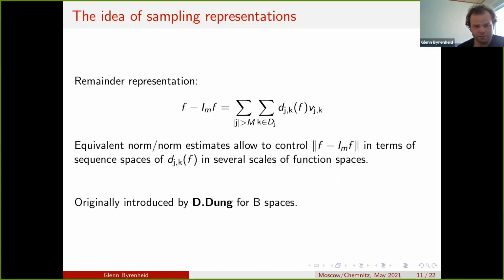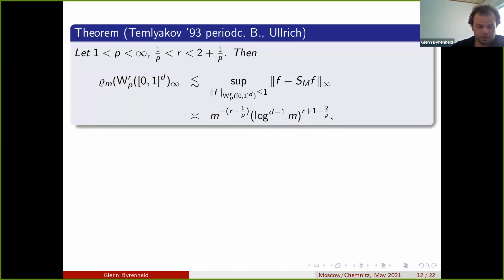This concept of sampling representations was originally introduced by Dinh Dung for Besov spaces. So, for example, we can reproduce with such a method very easily, for the non-periodic case, the result from Temlyakov of 1993. So let p be between 1 and infinity, and r bigger than 1 over p and smaller than 1 plus 1 over p.